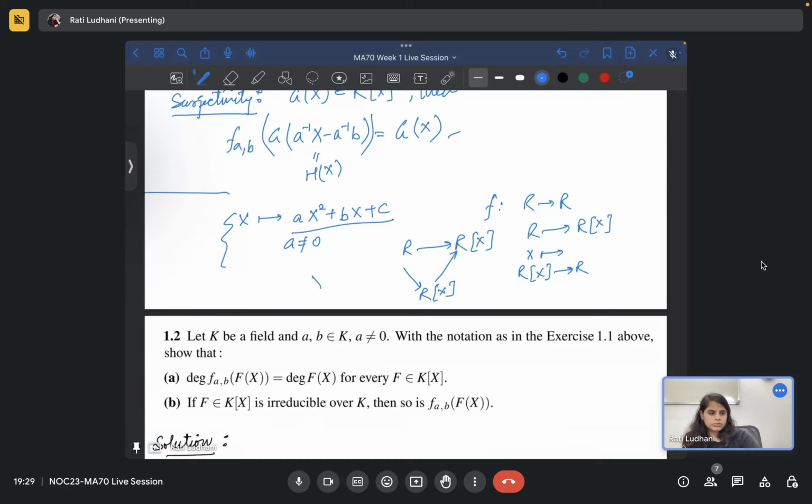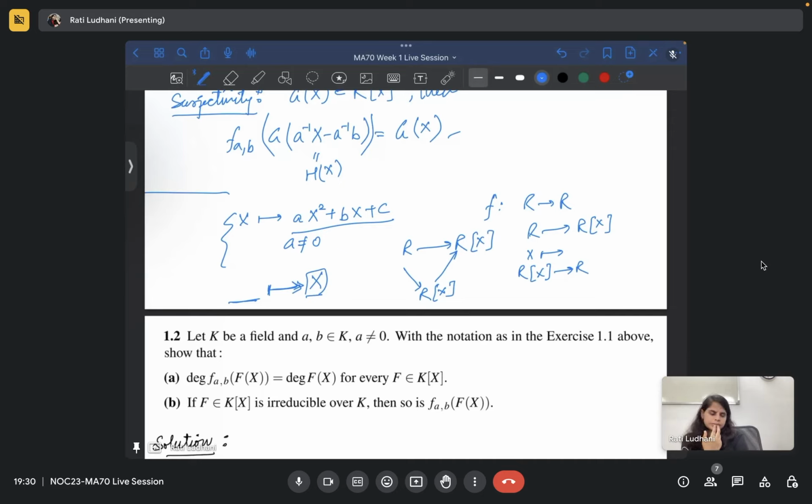So what element will you take as the inverse if you want to map it to x? You cannot take anything. Agreed, ma'am. So these are the only isomorphisms from R[x] to R[x], because we cannot map x to some degree 2 polynomial; we have to map it to some a x plus b.